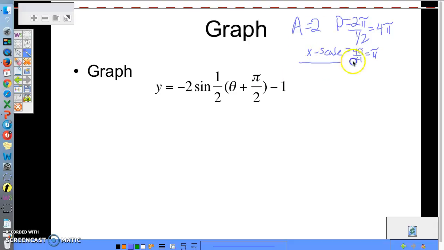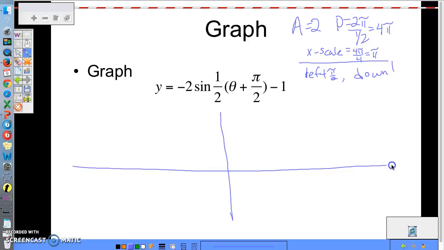And our shifts, plus pi over 2, so to the left pi over 2, and down 1. So 1, 2, 3, 4. We're counting by pi. So 1 pi, 2 pi, 3 pi, 4 pi.